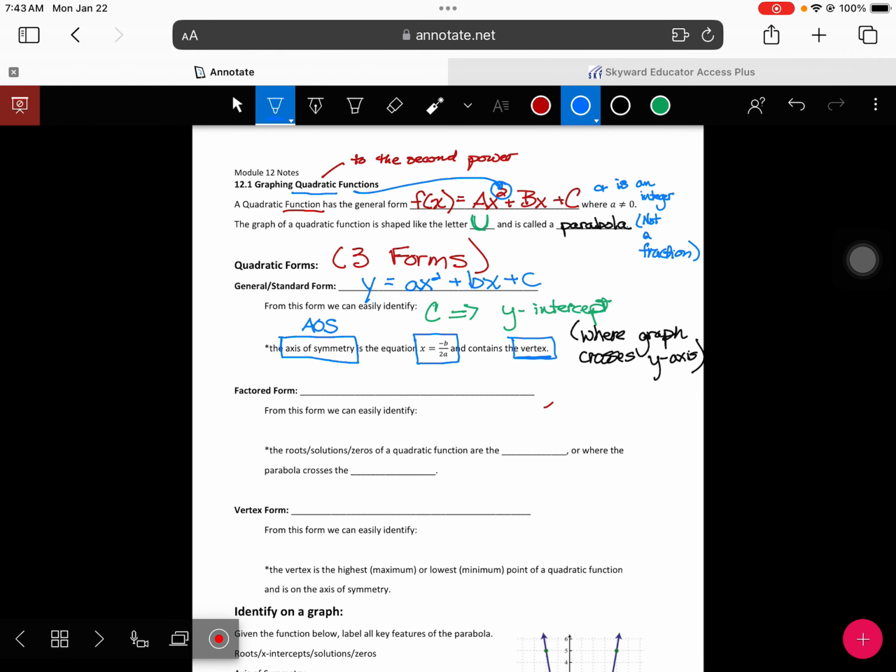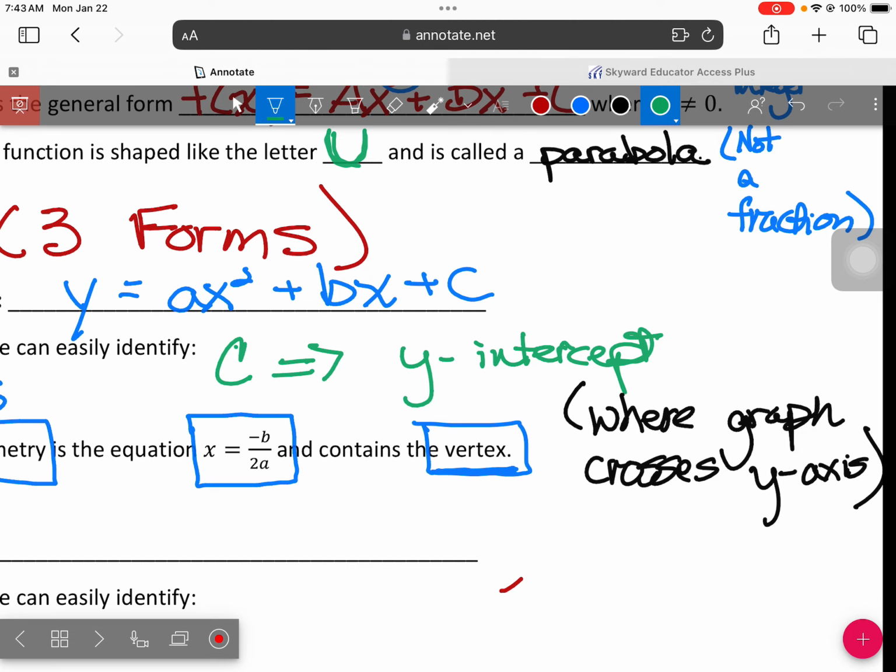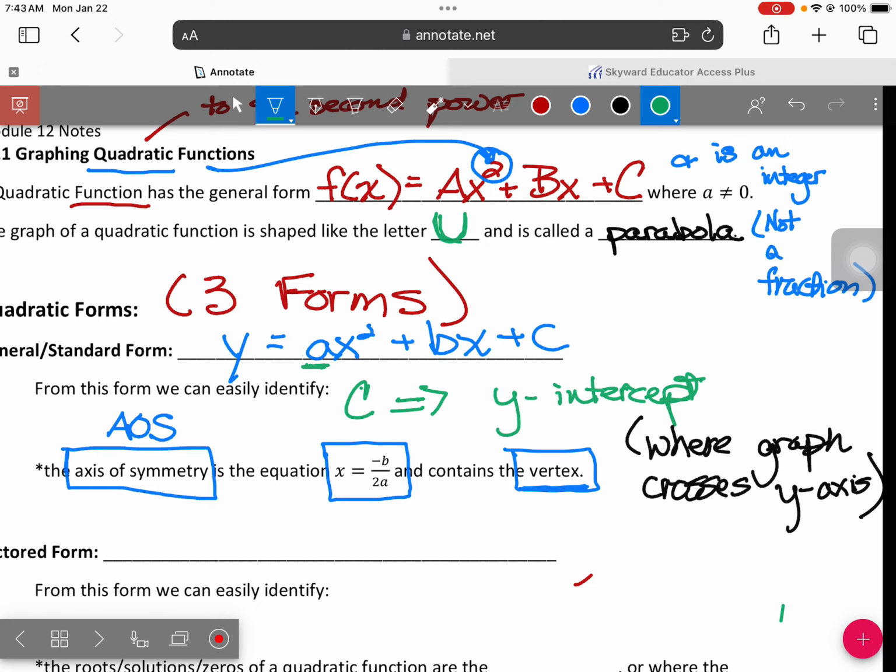Okay? All right, there's some other things I'm going to add here. Hopefully you still have a little bit of space. When this a value at the very beginning is greater than 0, or when a is going to be positive, okay, then the graph, this parabola, is going to be going up.